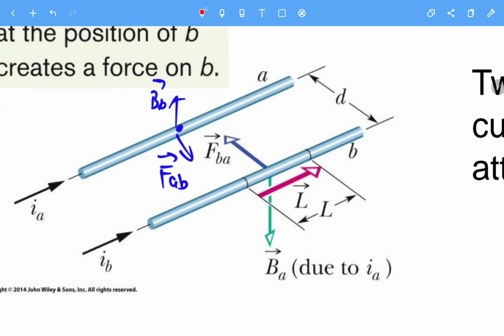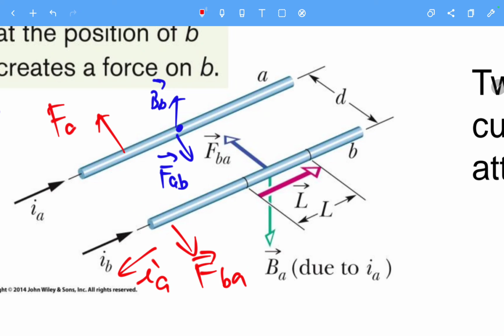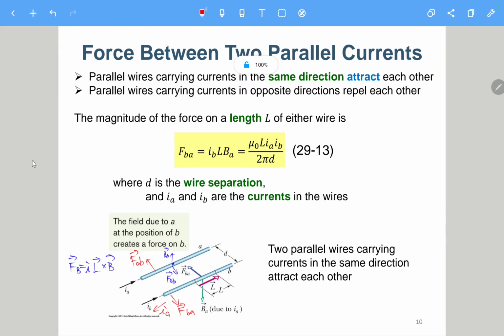For example, if IB points to this side, then FBA will point to this side, and FAB will point to the other side. So they repel each other. You can practice it by yourself, because I have already done this one and half of this one, to get familiar with the right hand rule, how to determine the direction of the B field, the magnetic force, something like that.